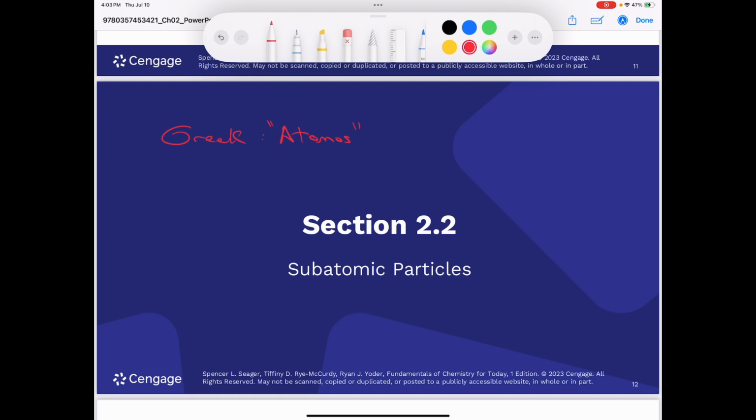They theorized about all these different ideas, but they didn't do any experiments to prove or disprove these ideas. It wasn't until the 1700s and 1800s, once scientists like Lavoisier and John Dalton started doing experiments, that the atom was really discovered. And we now know that an atom is actually made out of other particles that are smaller than an atom, namely the proton, the neutron, and the electron.